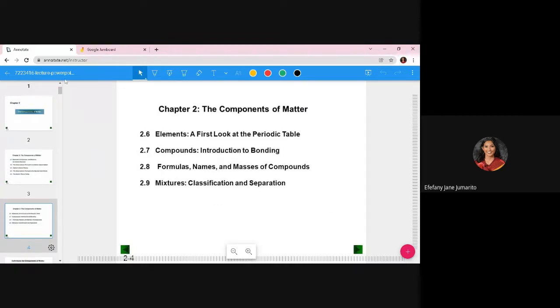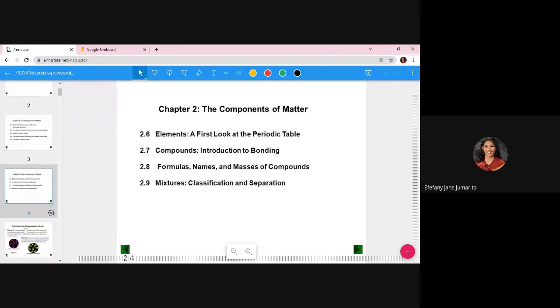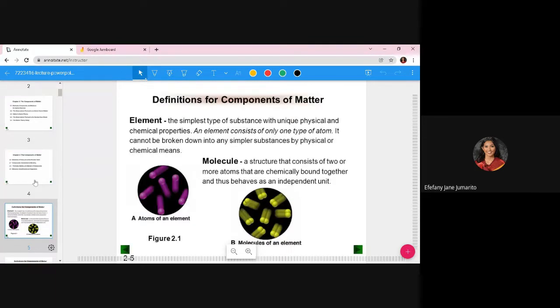These are the subtopics that we are going to discuss in this chapter. Now, element. How many elements are in the periodic table? There are 118 elements in the periodic table.